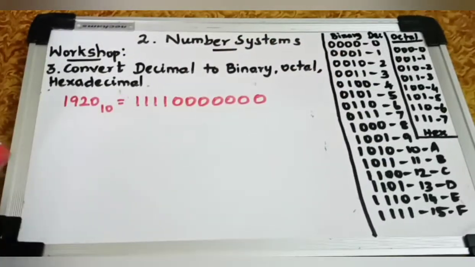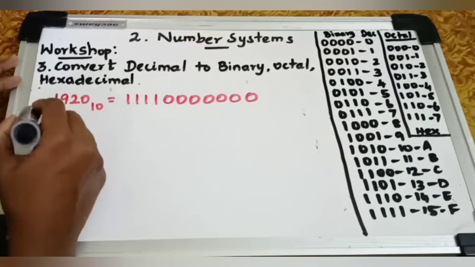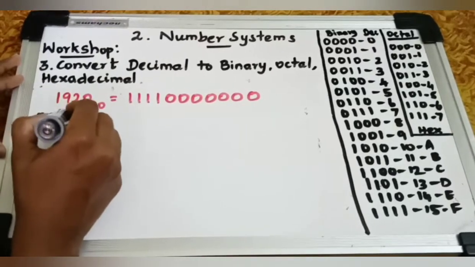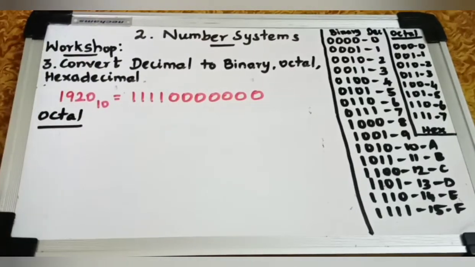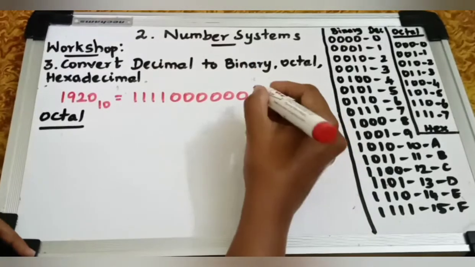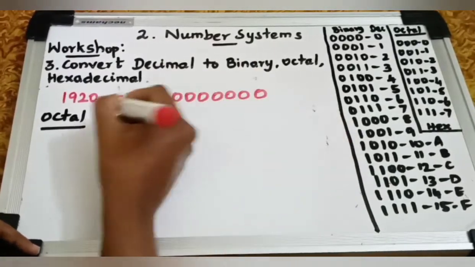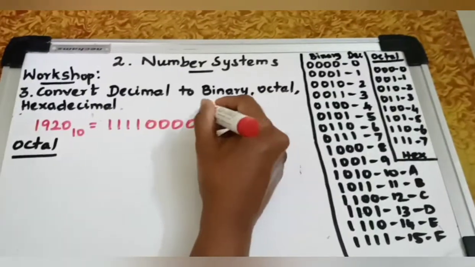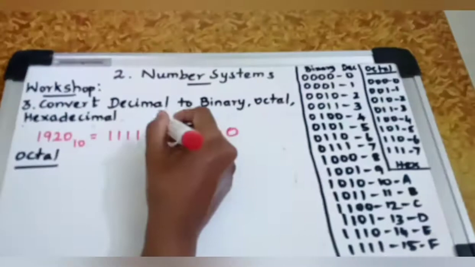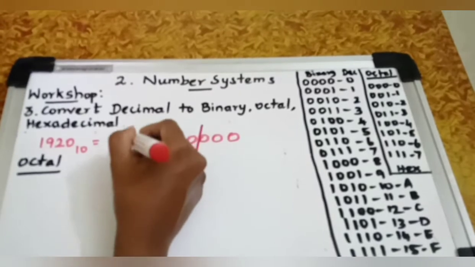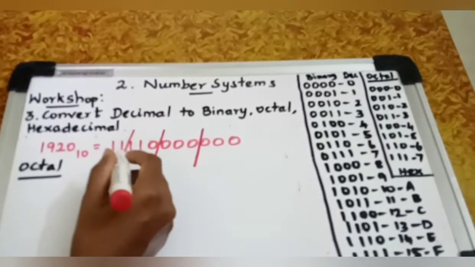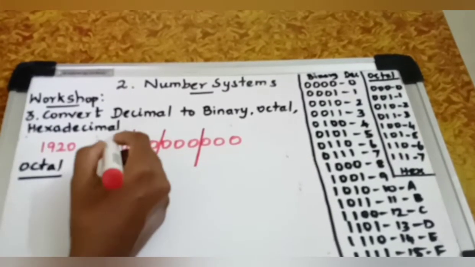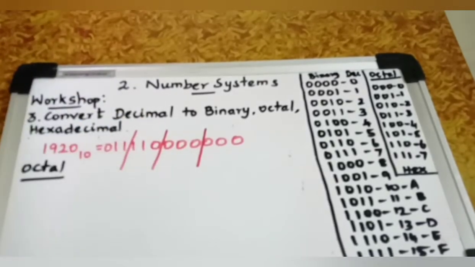So here, to convert to octal, we divide the digits from right to left into 3 digits: 1 2 3, then 1 2 3, 1 2 3. Then for the last two digits, we form 3 digits again, so adding one more 0 here.